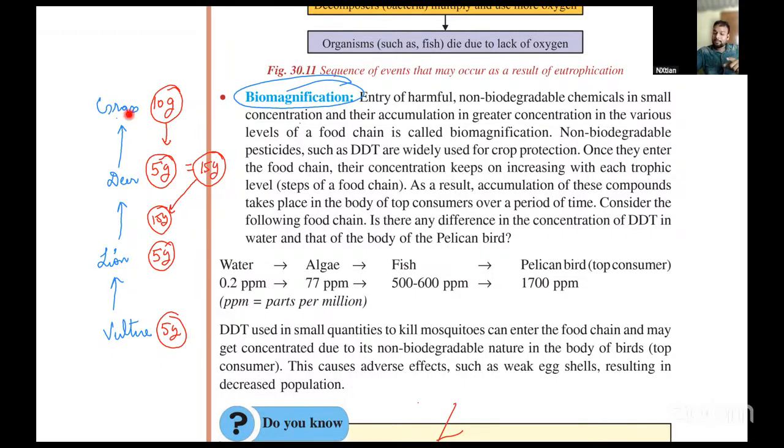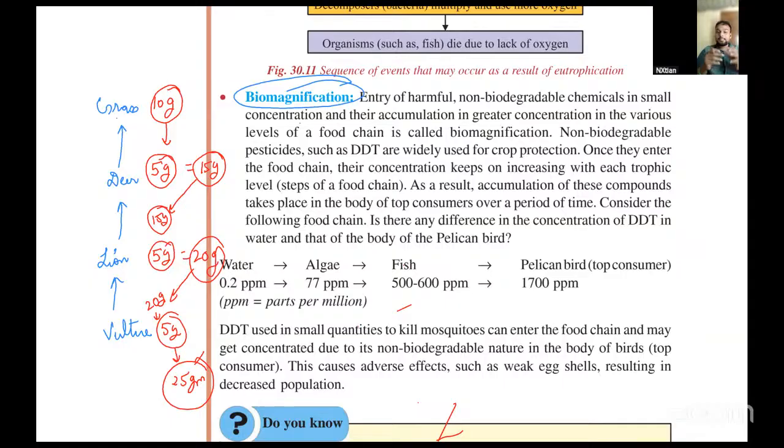Grass has chemicals, the deer eats grass, and the chemicals add up to 15 gram. Now the lion eats the deer: 15 gram the deer has, and the lion also has 5 grams, so the total becomes 20 gram. Now the vulture also has 5 gram. He will eat the dead lion, so the vulture has 25 gram.